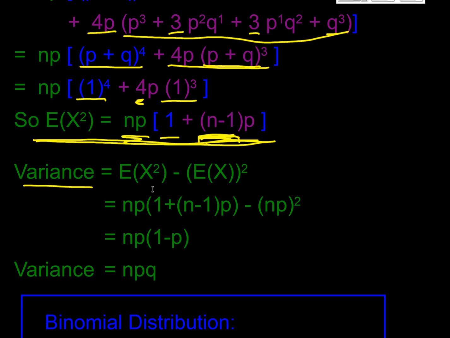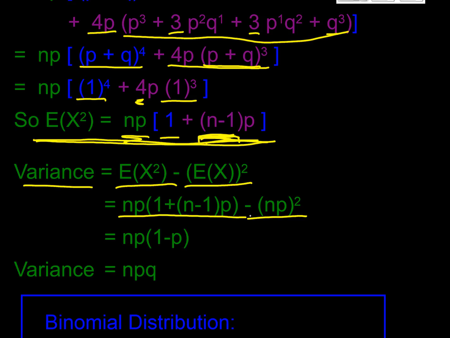Well, what's the variance? That's our expected value of x squared, and then we've got to correct for our mean, which in this case is np, so we have to subtract np squared. Dropping our equations from earlier in, that's directly above the x squared, and there's our np squared.